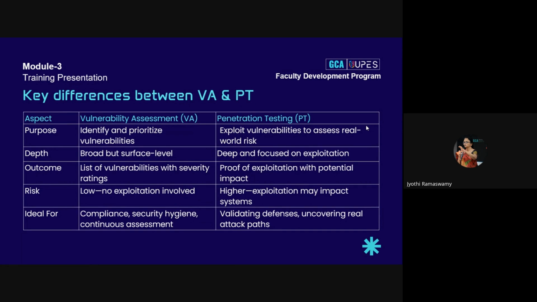So penetration testing is invasive. So the risk of the impact is high in penetration testing. Generally when you do penetration testing, they don't do it on the actual production environment, but they take an image of that production environment and keep it as a test environment and test it there.